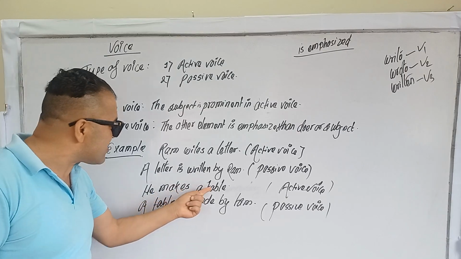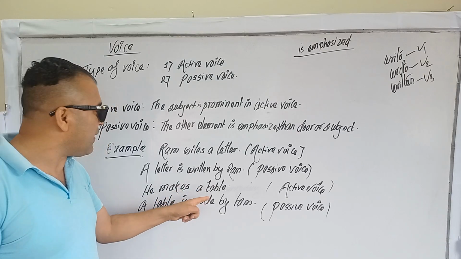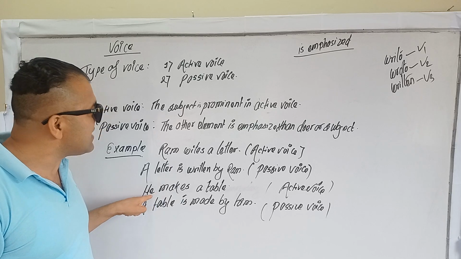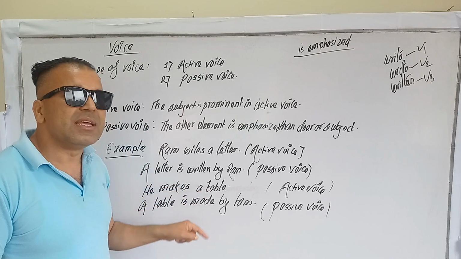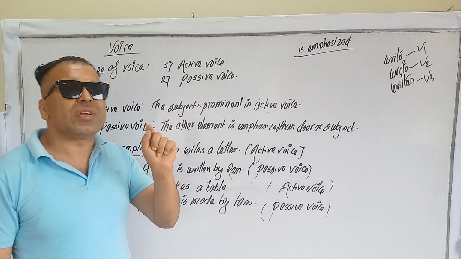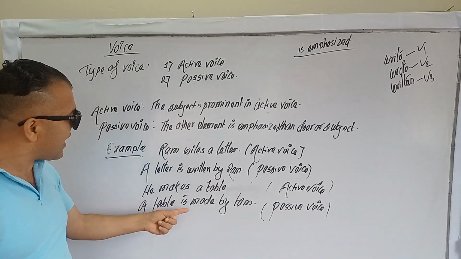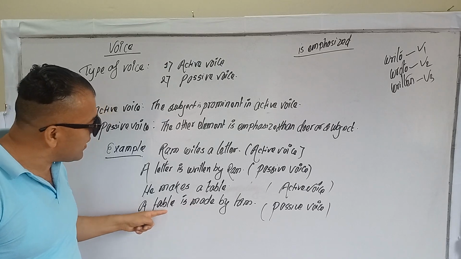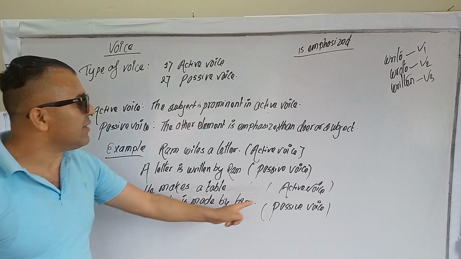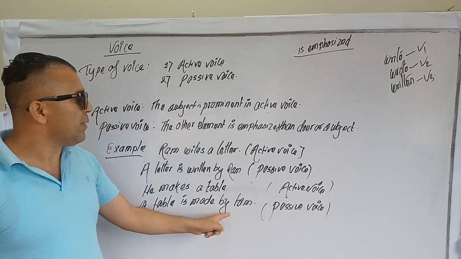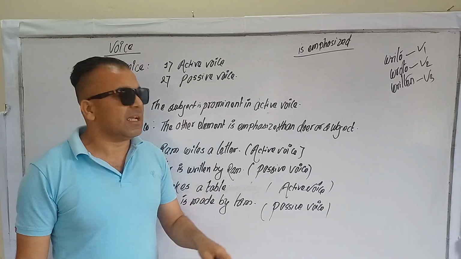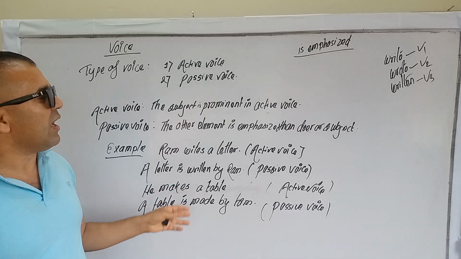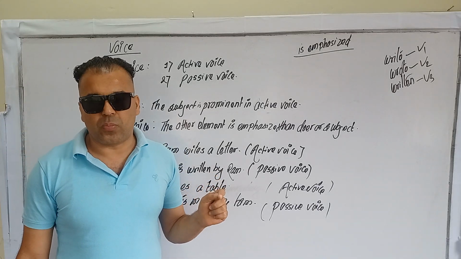Understand? He makes a table: here the doer is mainly emphasized. In the other, the table is emphasized. That is passive voice. The doer, by him, is less emphasized than the other element.